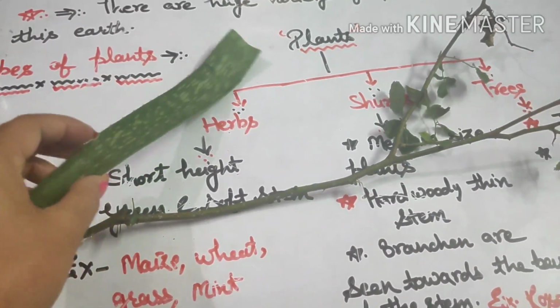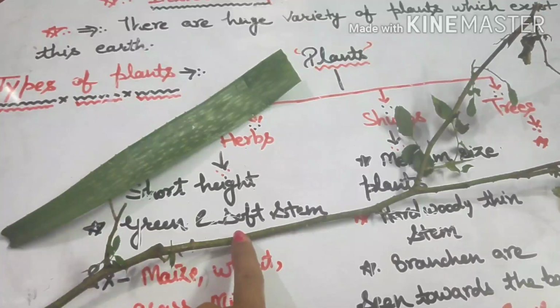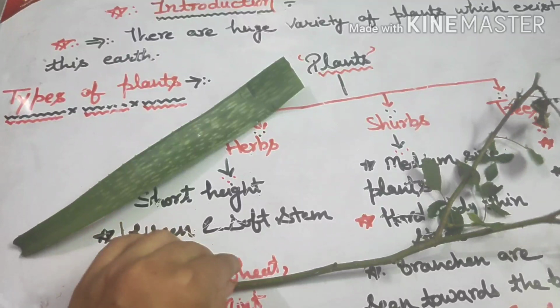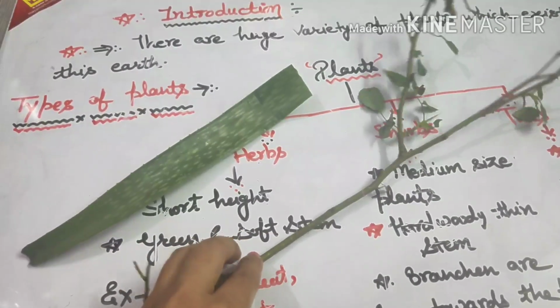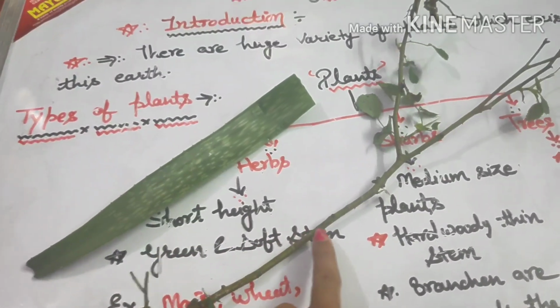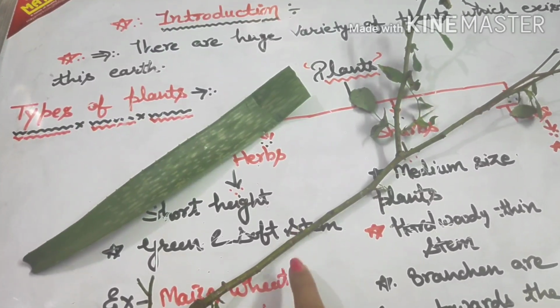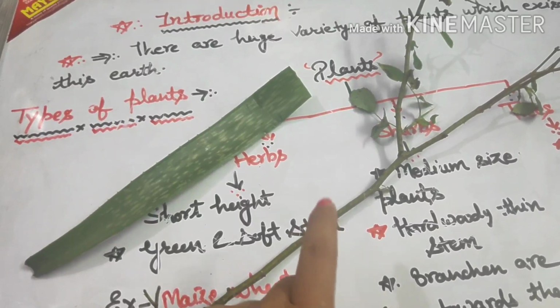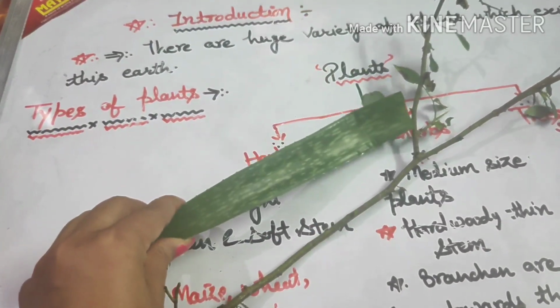Now students, you can see here a rose plant stem and aloe vera. The rose plant stem is hard and woody, so this is a shrub. And this one is aloe vera.